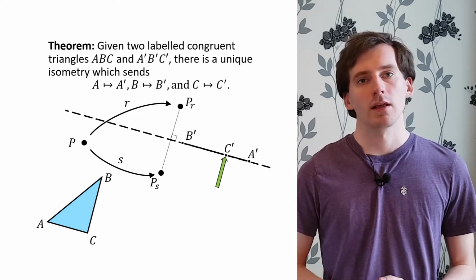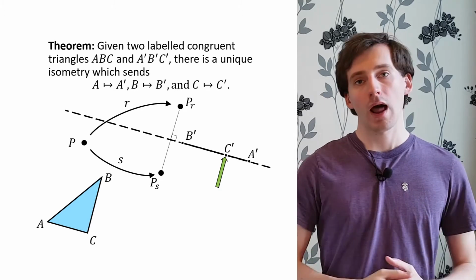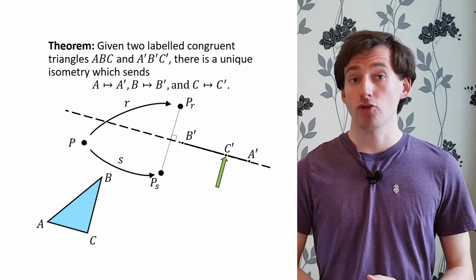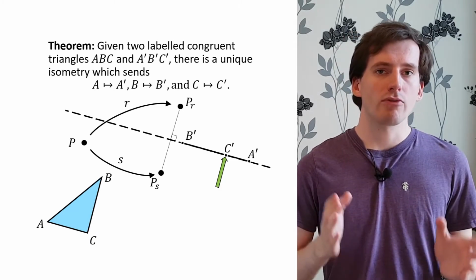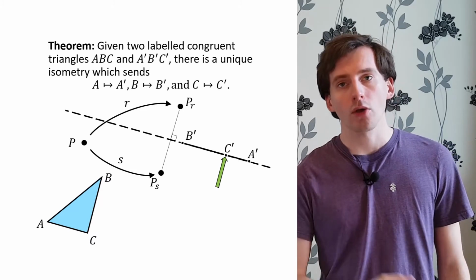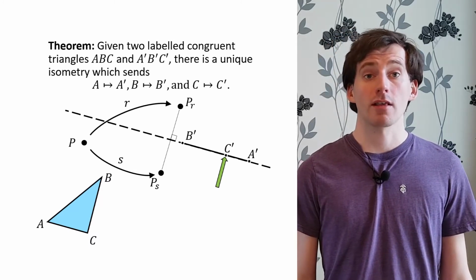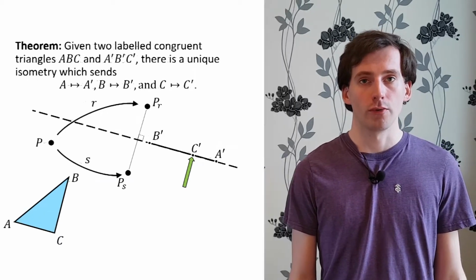But this means that A', B', and C' all lie on the same line, which means that they don't form a triangle. But we started off by saying that A', B', C' was a triangle. This is a contradiction, and it means that our assumption was wrong, and therefore that the theorem is true.